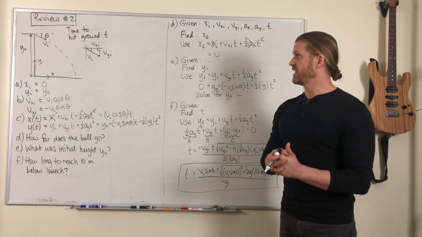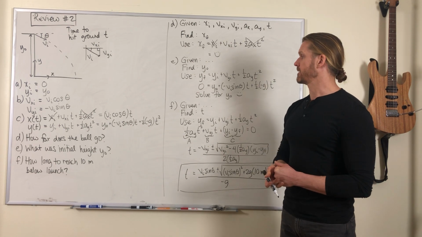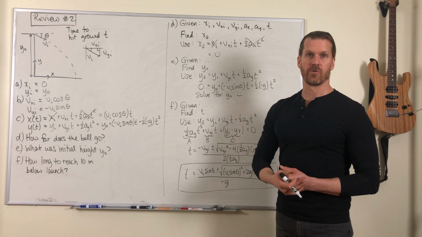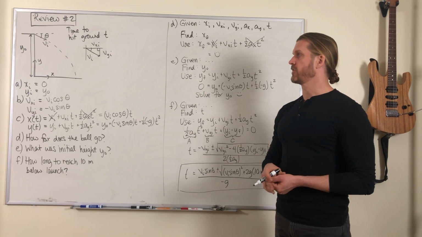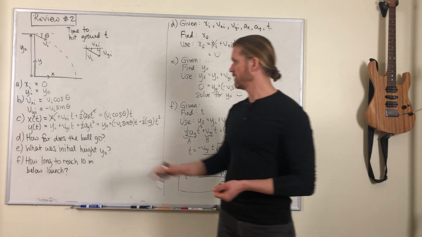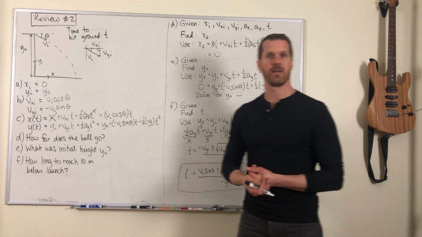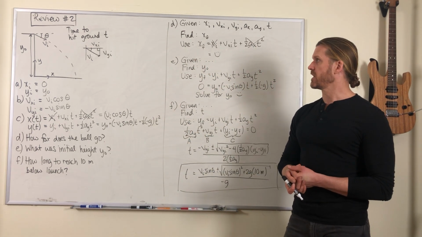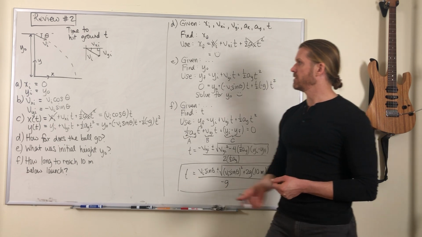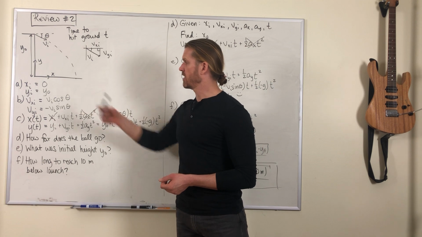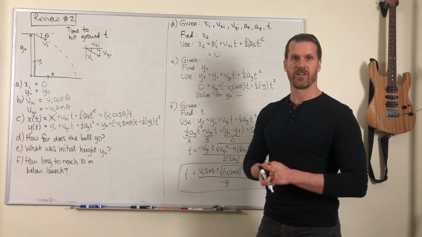And again, I could maybe ask you some conceptual questions about this problem, like explain your problem-solving method, explain the steps you took to figure out parts D, E, or F, explain why the horizontal velocity is constant, explain why the vertical velocity changes.